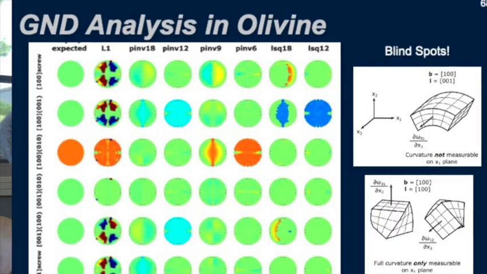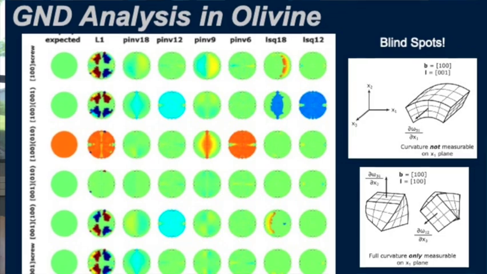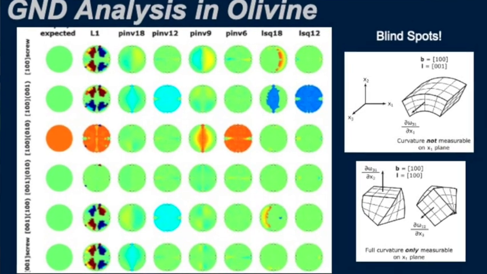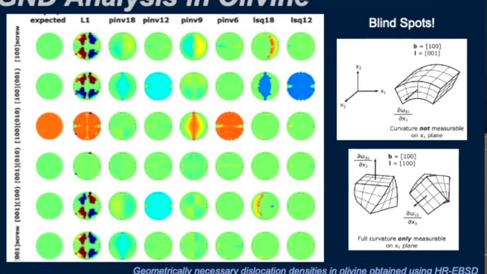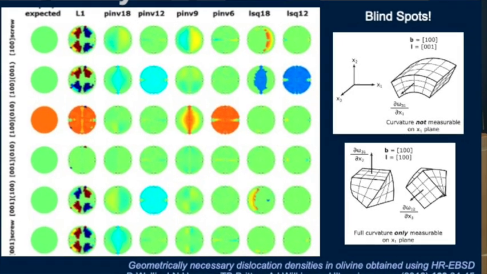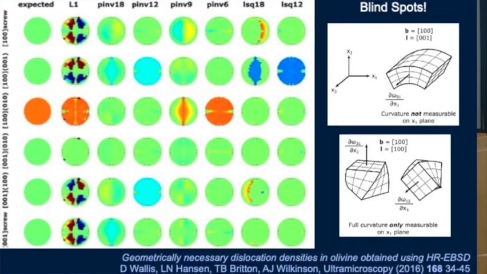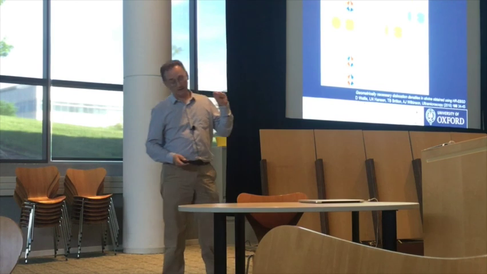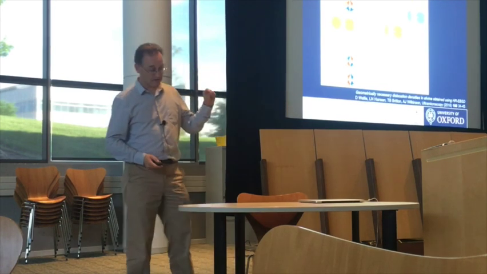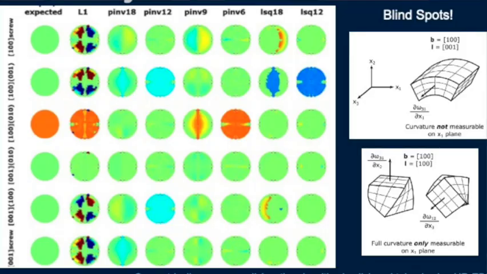The problem hidden in this is that it's not true for all crystal orientations. There are some blind spots in here. This is a fairly complicated diagram, but here are some inputs that we've put in. These are stereograms showing the surface normal direction for our measurement.